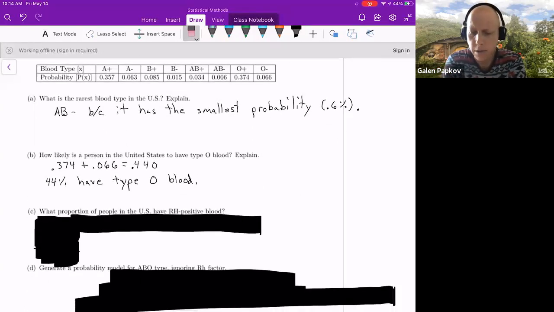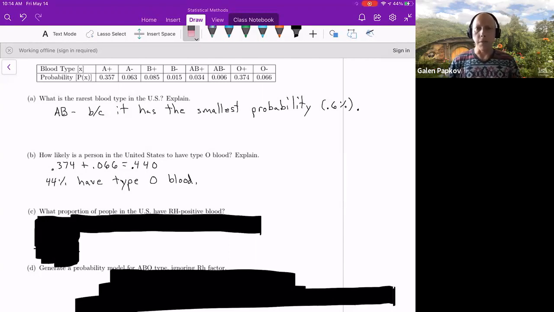What proportion of people in the US have Rh positive blood? Now you're doing something similar, except you're adding all of the blood types with a positive sign. So A positive is 0.357, B positive is 0.085, 0.034 for the next, and 0.374 for the last.